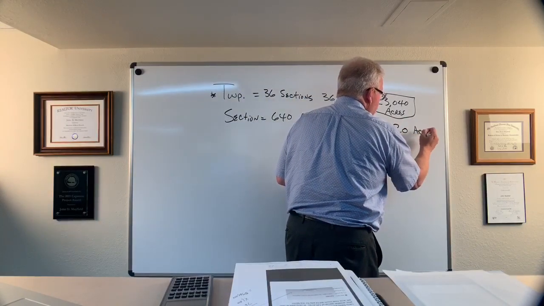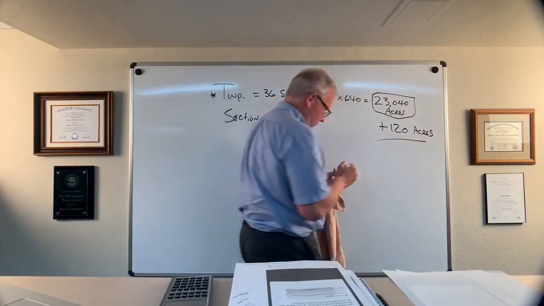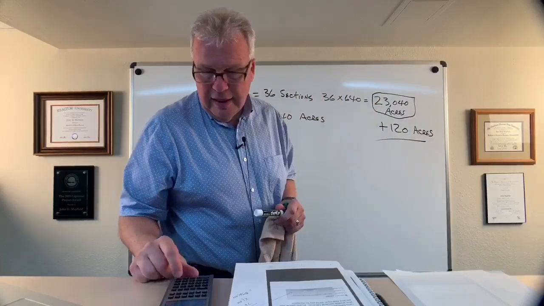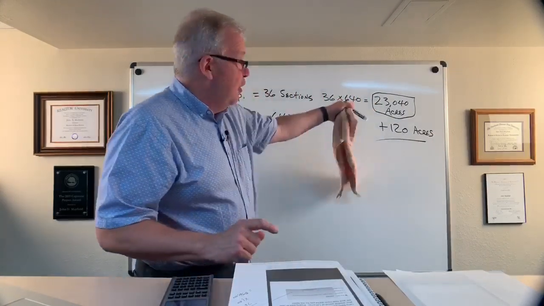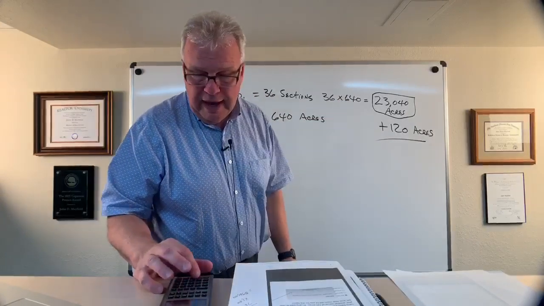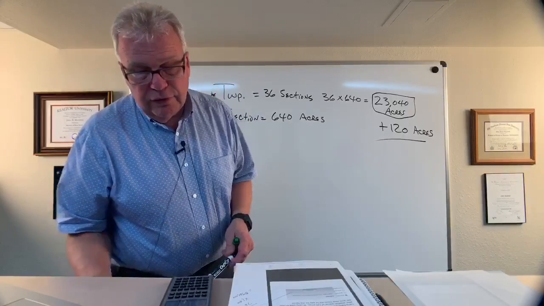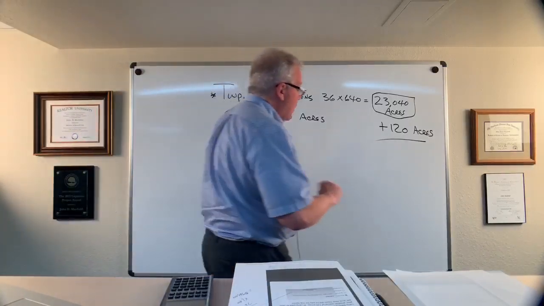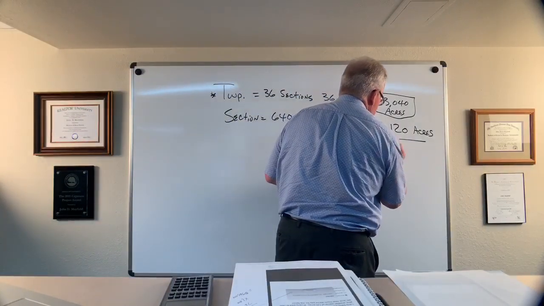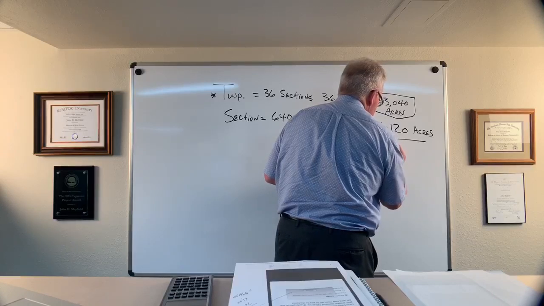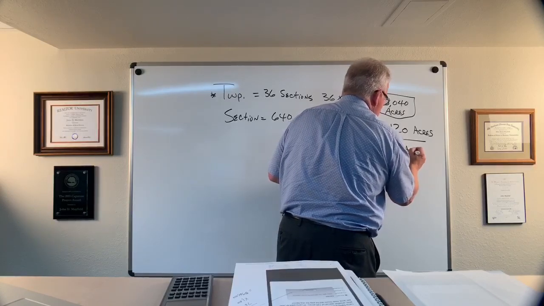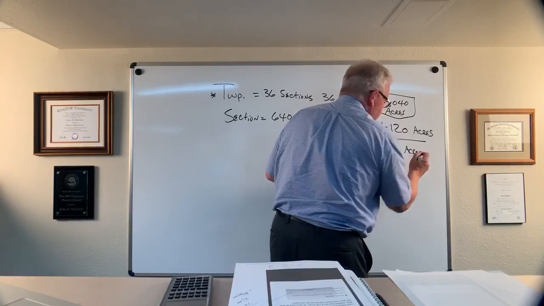So he purchased another 120 acres. So we take the 23,040 and we add 120, and that gives us 23,160. That's how much acreage he purchased.